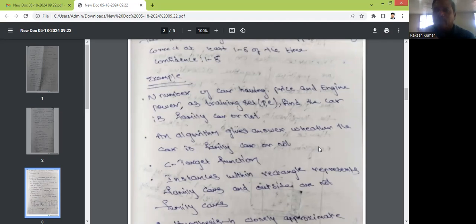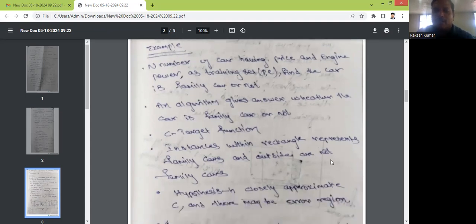It will show in the graphical representation, predicting how many are family cars, what requirements we need, and whatever examples we give to the machine. C is the target function. An instance within the rectangle represents a family car, and outside it is not a family car.